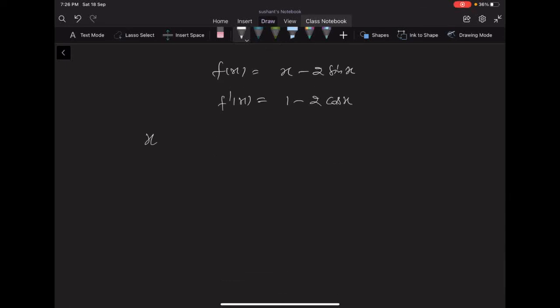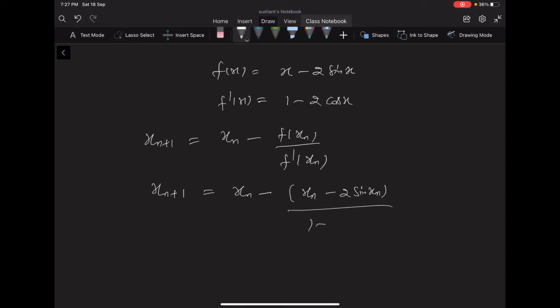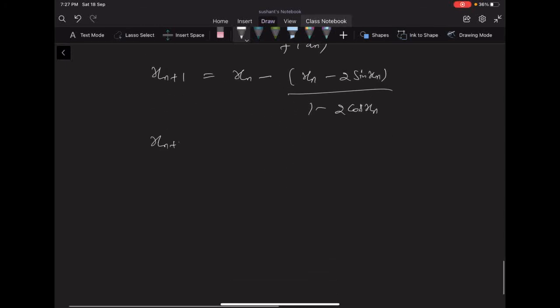Now from the Newton-Raphson formula, x(n+1) is equal to xn minus f(xn) upon f'(xn). So x(n+1) is equal to xn minus (xn minus 2 sin xn) upon 1 minus 2 cos xn.